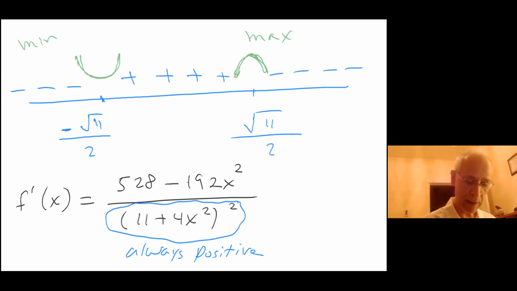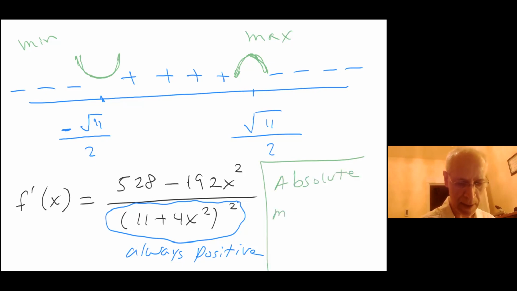Okay, and the question was asking precisely where the absolute minimum is, so absolute min at x equals negative square root of 11 over 2.